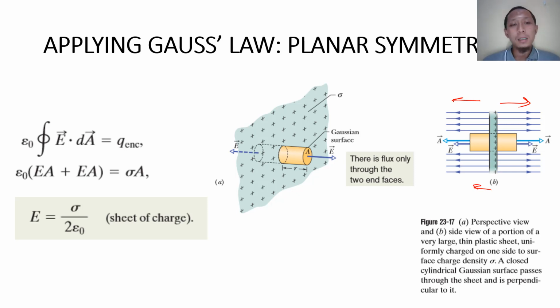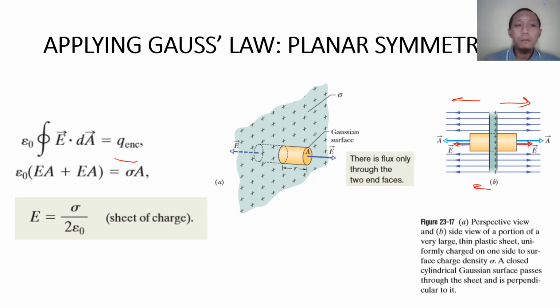So again, using Gauss law, epsilon 0 dot the surface integral of E dA is equal to q enclosed. This is the E, the electric field, and the direction is opposite along y, like this one, so this is positive. So E comes to this side and E comes to this side on the other side.